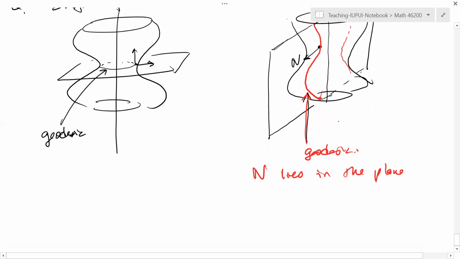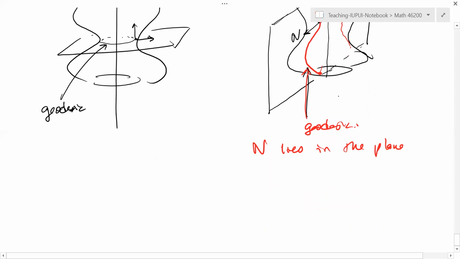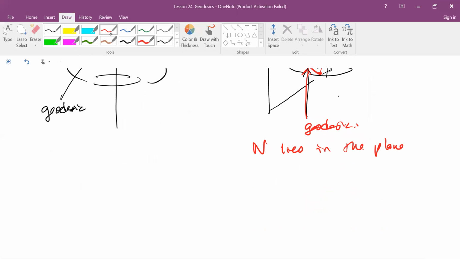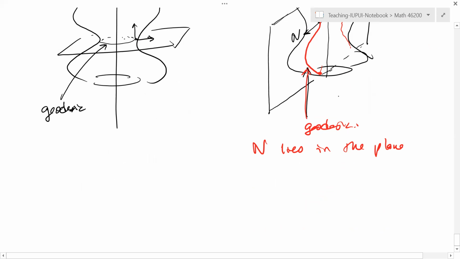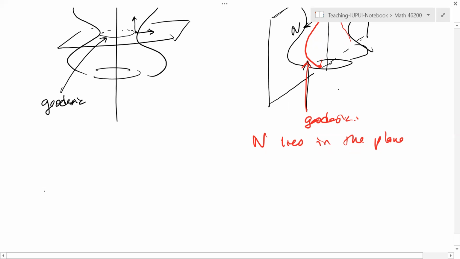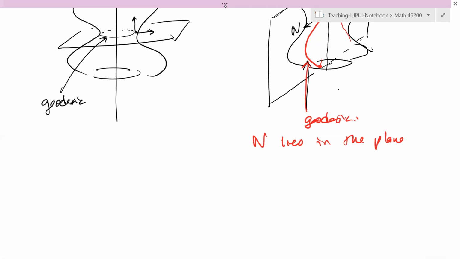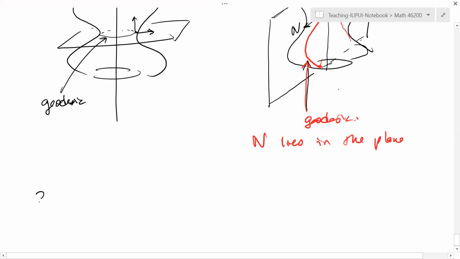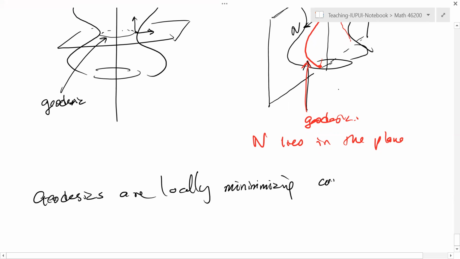Okay. Now, the geometric meaning of geodesic: using geodesic curvature, you can say geodesic. What's the geometric meaning? The geometric meaning we're going to understand is that geodesics are locally minimizing curves on the surface.